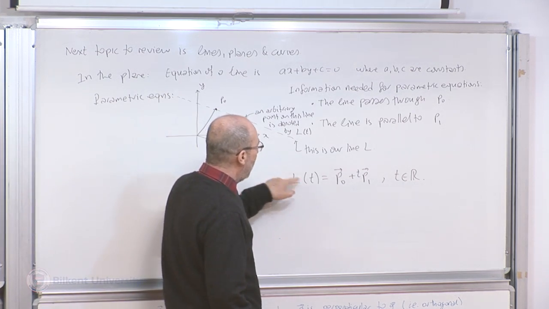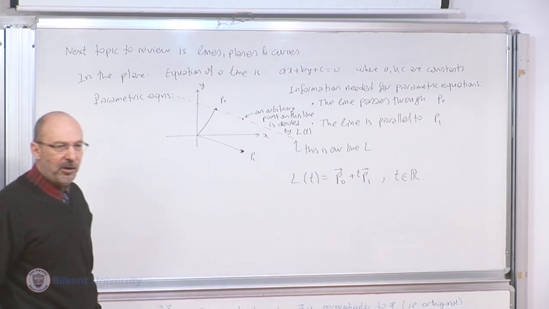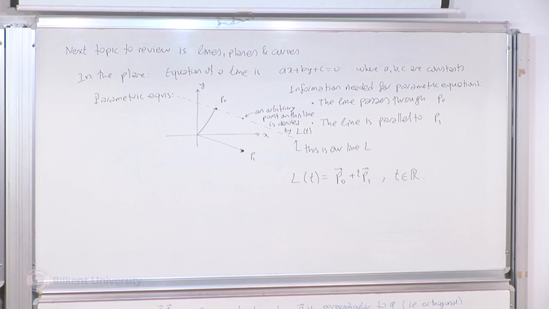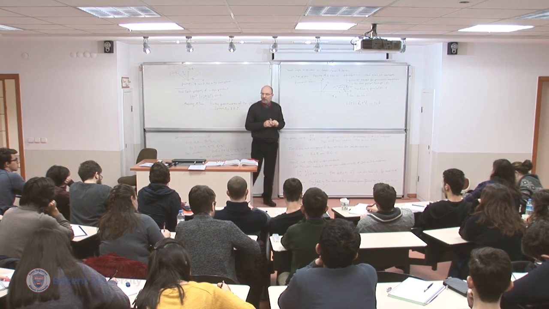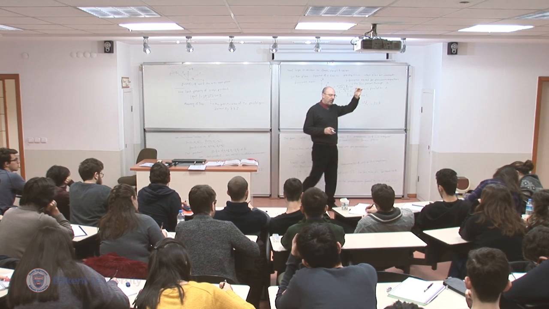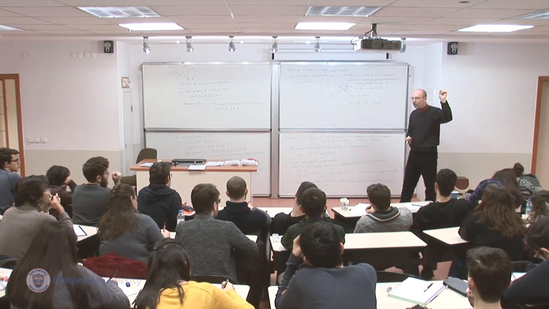Now you see that when you write it this way, the fact that we are working in 2 dimensions disappears. You can give this description in any dimension. There is a point in R^n. Well, in our case, it will be only R2 or R3. There is a point in space, and there is a direction, also another point.